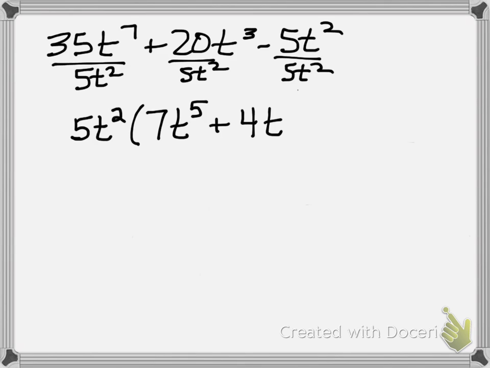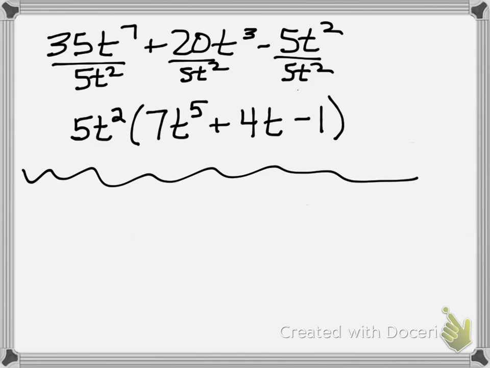Negative 5 divided by 5 is negative 1. Subtract those exponents, so no t. To check yourself, you could just distribute, just like we just did on the polynomials test. Hopefully this is an easy next step from what you just did. So that was number 1.